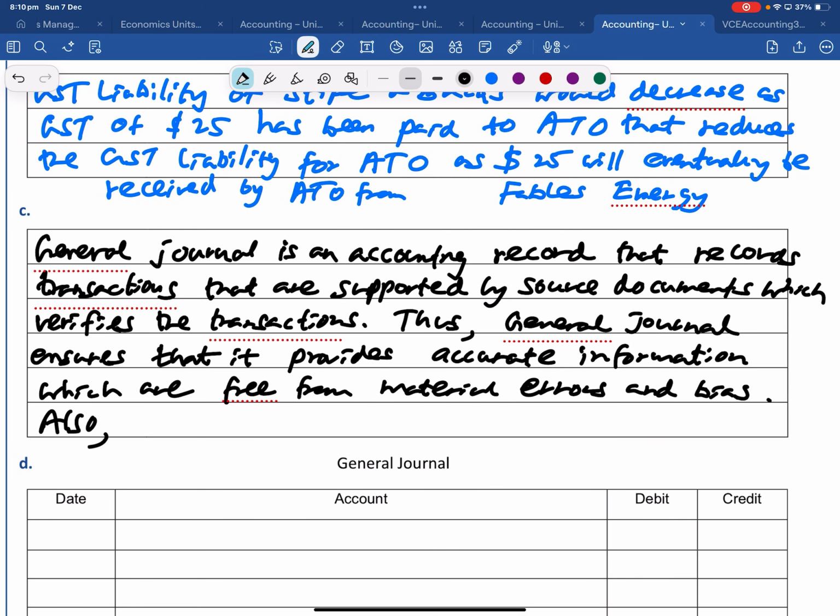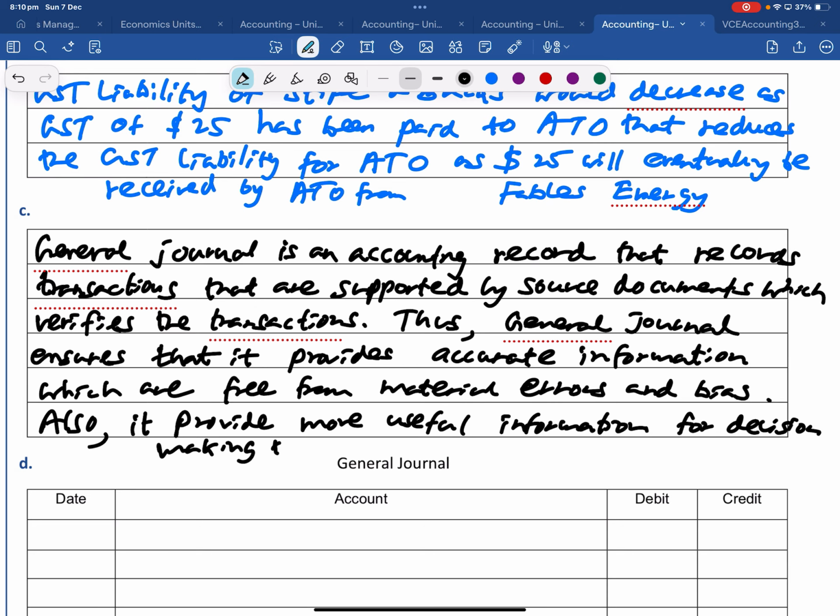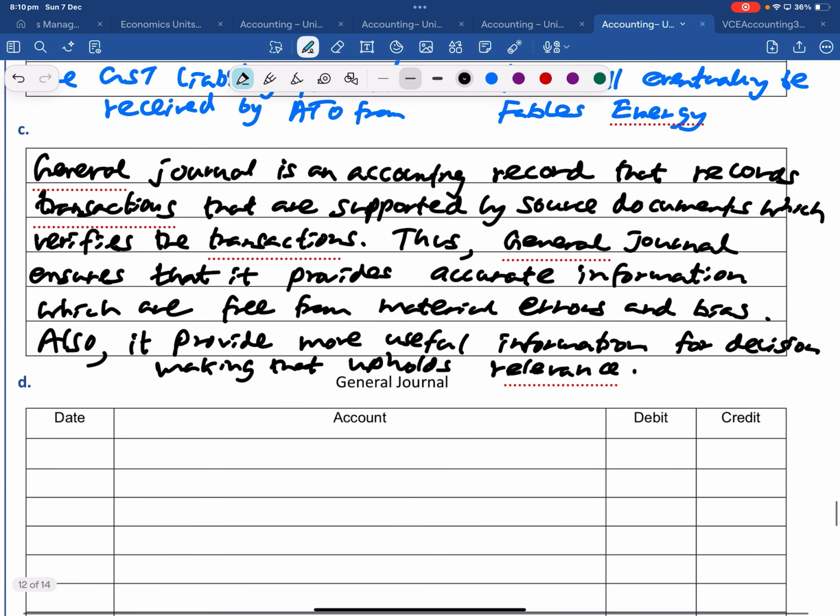If you want, we can write about relevance as well. Yeah, both relevance and faithful representation.